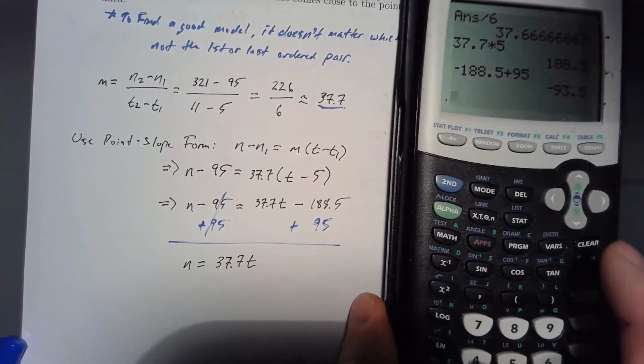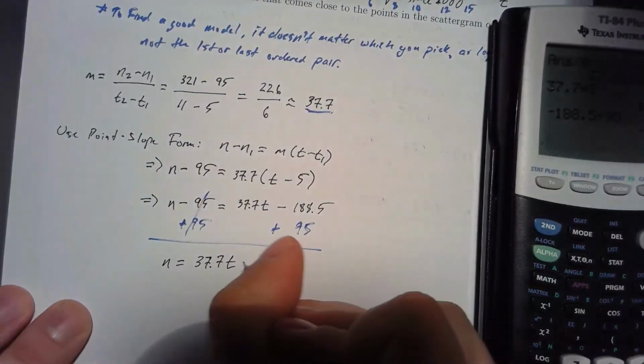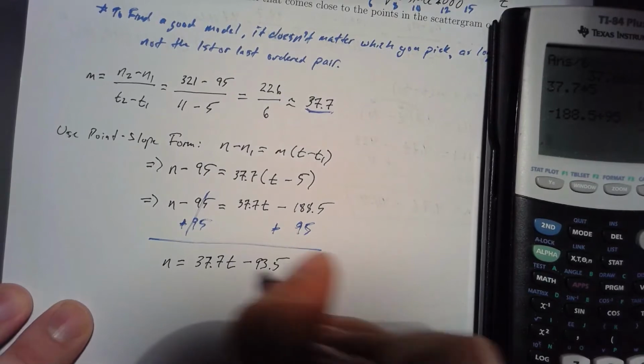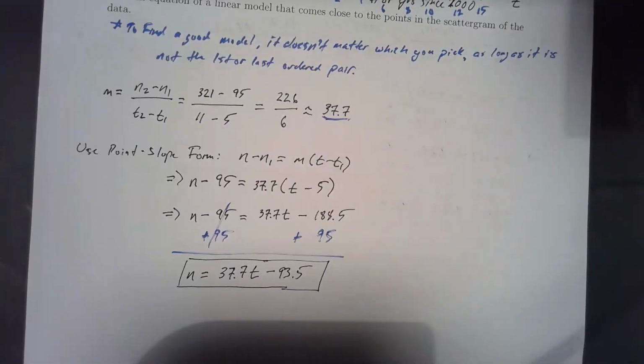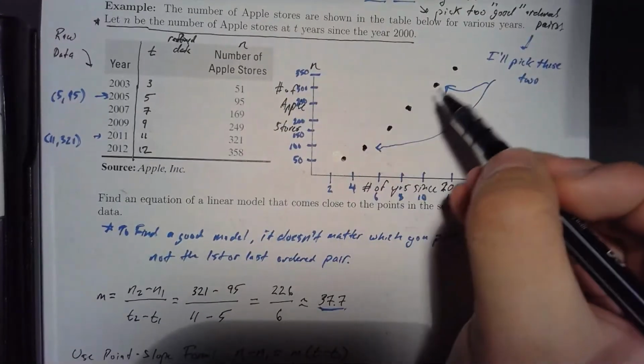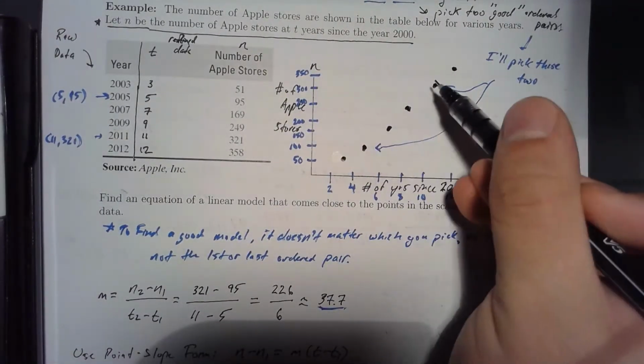Yep, negative 93.5. There's my linear equation. Well, there's the linear equation that models this data using the second and fifth ordered pair.